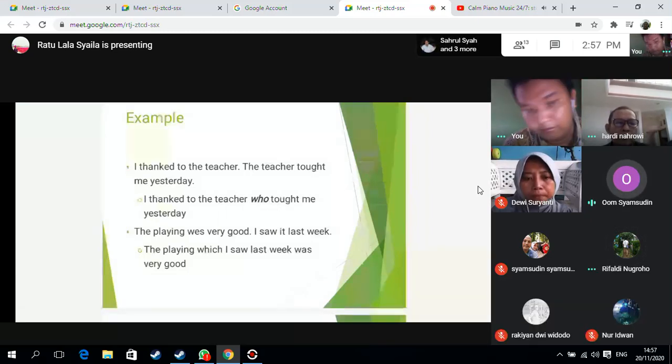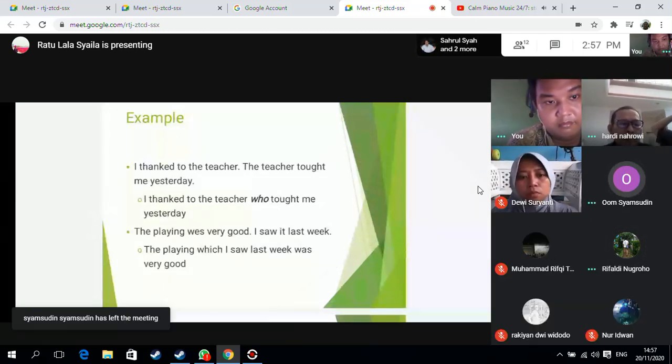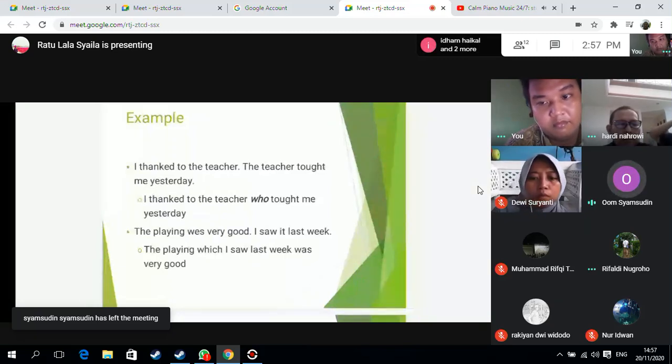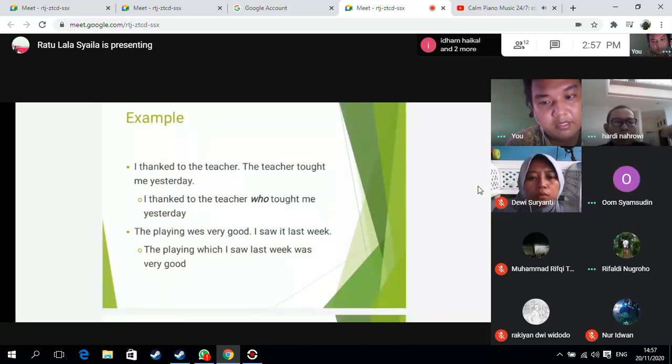The second example also: "The playing was very good." What kind of playing? Playing football. You see, "the playing was very good. I saw it last week." What playing? Oke, jadi harus apa? "The play."